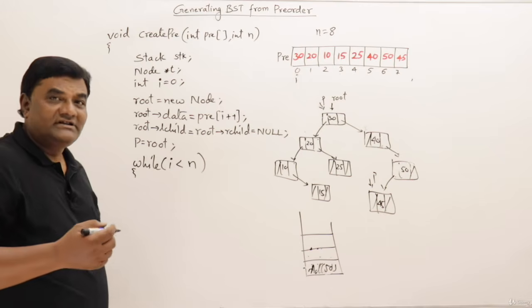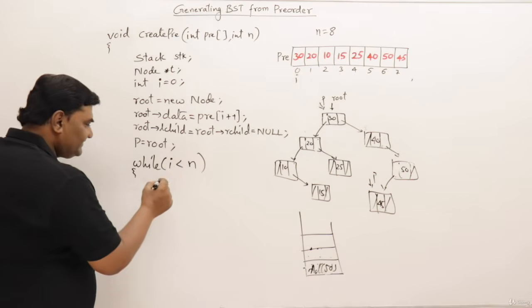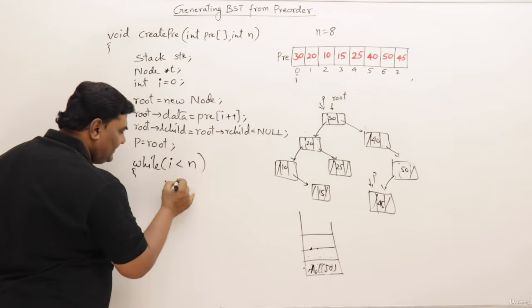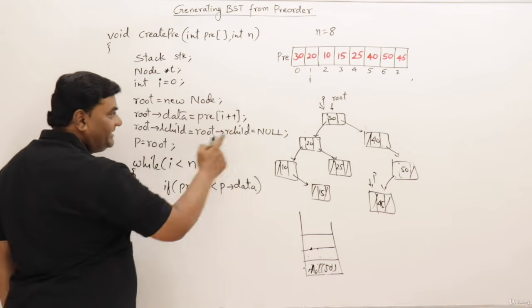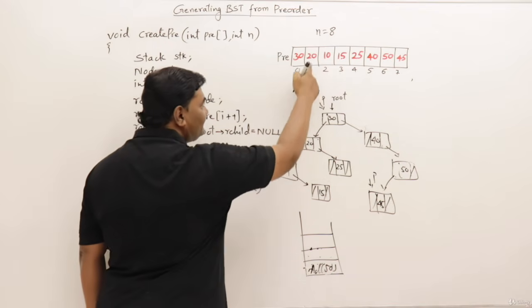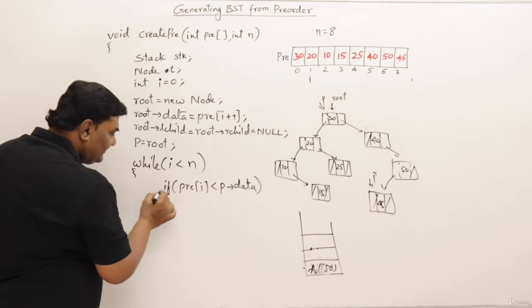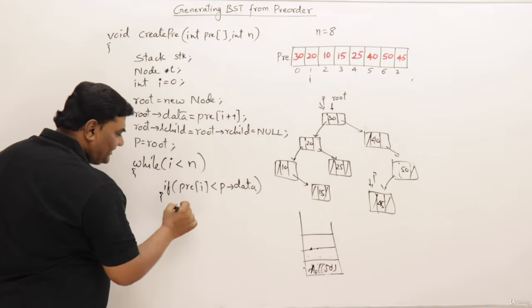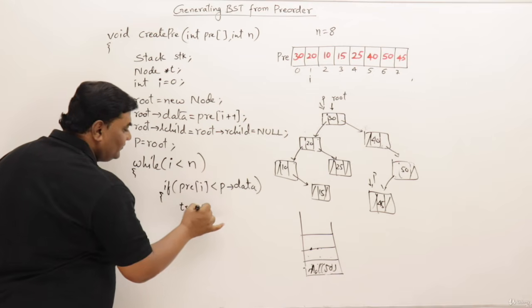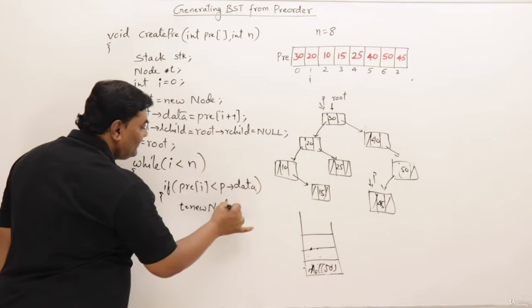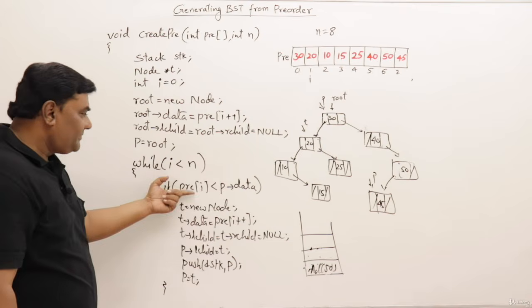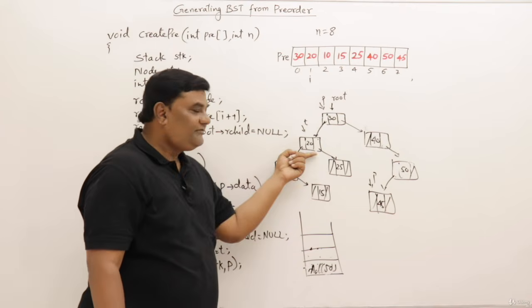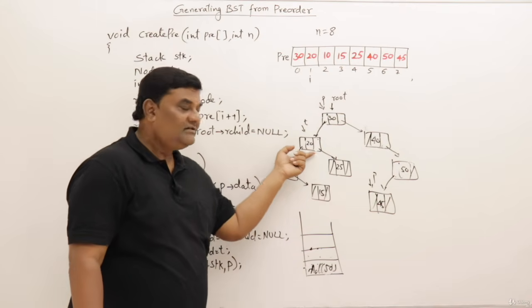Let us recall what the steps are. First thing, if the element in the pre-order is less than P's data, P is pointing here. If it is smaller, then create a new node with the help of a temporary pointer T, assign a new node, and set the data. Like if you remember, for 20 we did that.